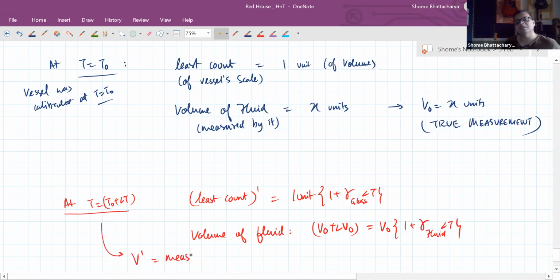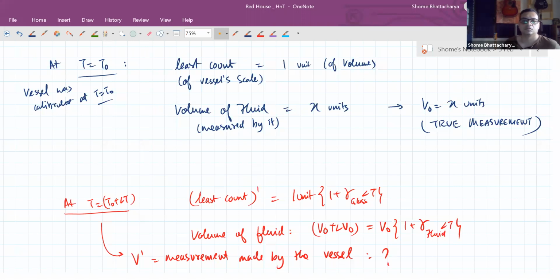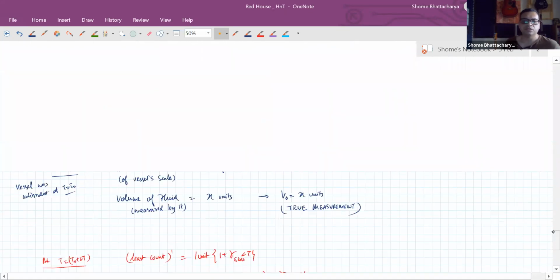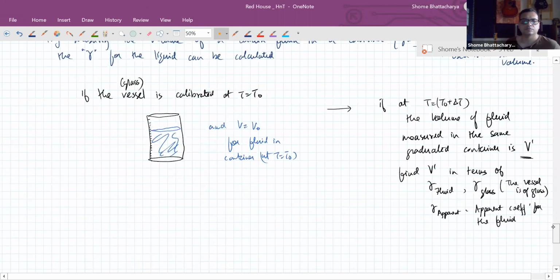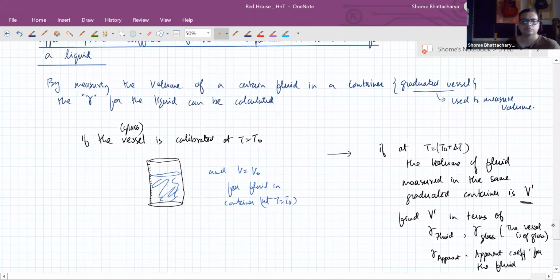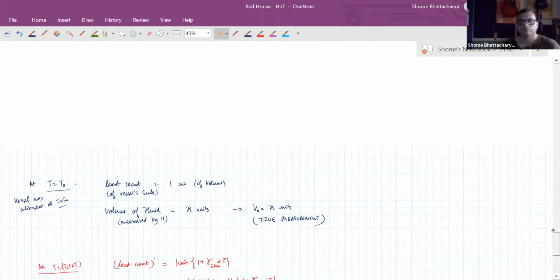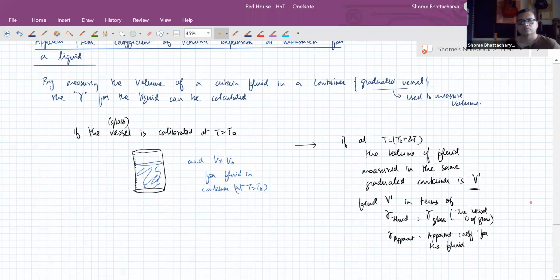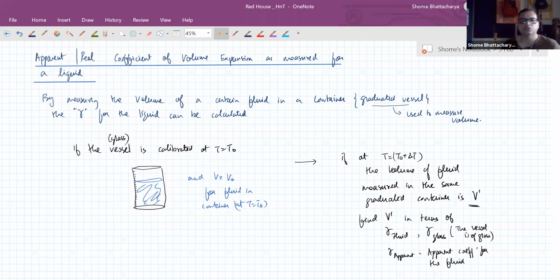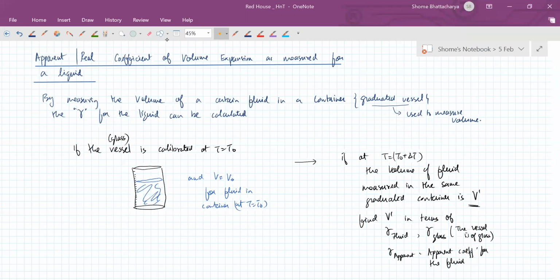V prime is the measurement made by the vessel. So that's what I want you to find out now. Make sure you understand this concept, and I'm scrolling back to the question. This is the type of calculation we are trying to do here. Make sure you understand this first, then we'll come to the actual calculation.